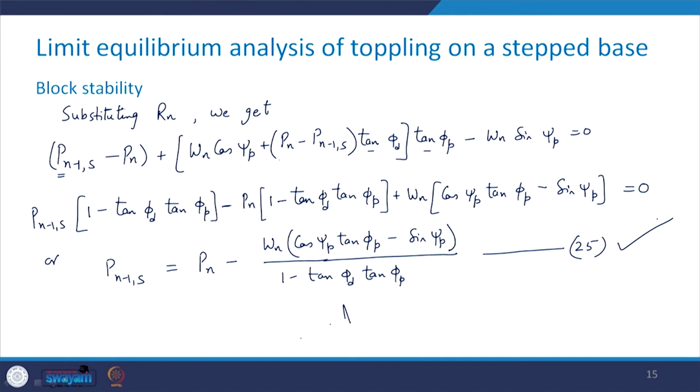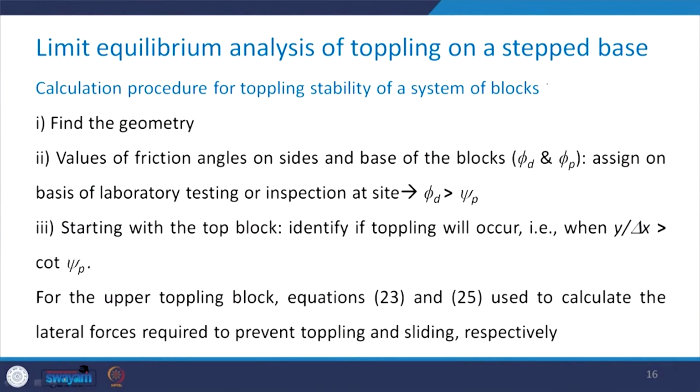So now after knowing how we can calculate this Pn minus 1 for the nth block which is undergoing either the toppling or the sliding, let us see how to go ahead with the complete analysis as far as the toppling failure of the slopes is concerned. The calculation procedure for toppling stability has been given here.